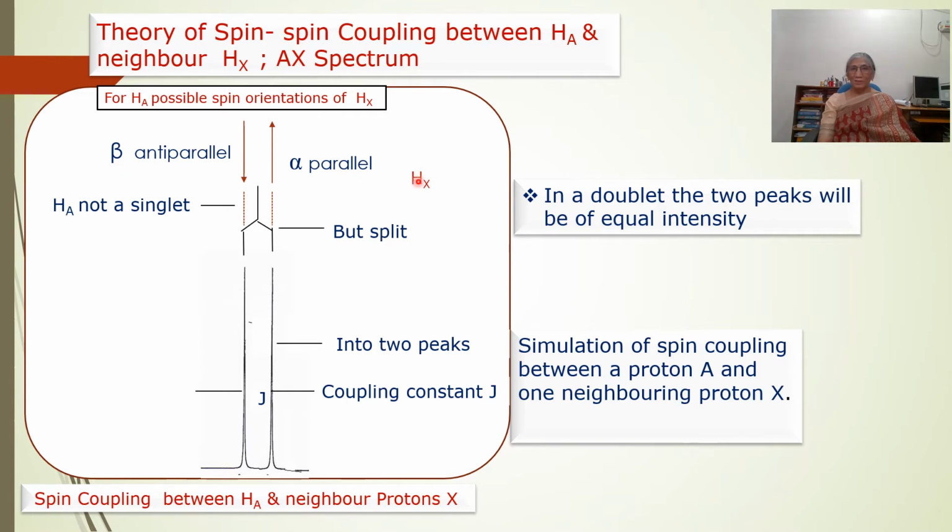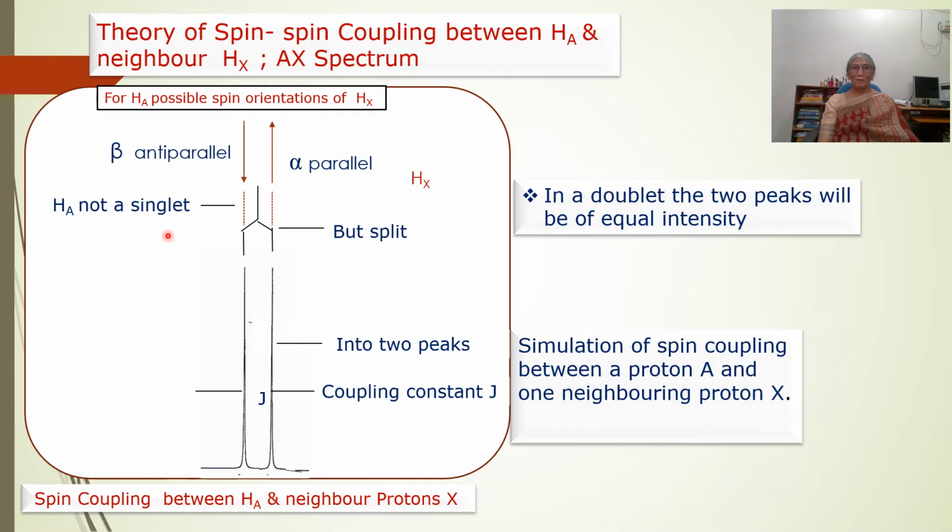When proton A is showing the absorption and the spin orientation of proton X is parallel, in this condition, the net effective magnetic field on proton A will be slightly higher and proton A will be de-shielded. When proton A is showing the absorption, but the spin orientation of proton X is antiparallel, in this condition, the net effective magnetic field on proton A will be slightly low and proton A will be shielded.